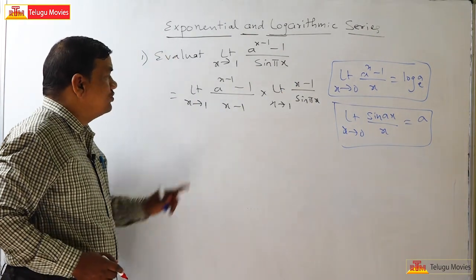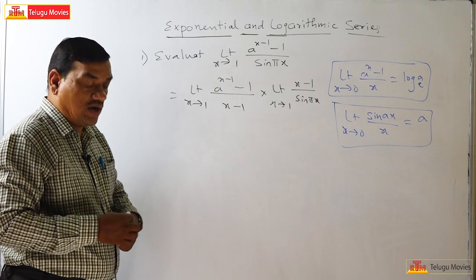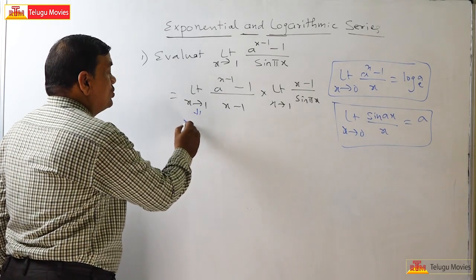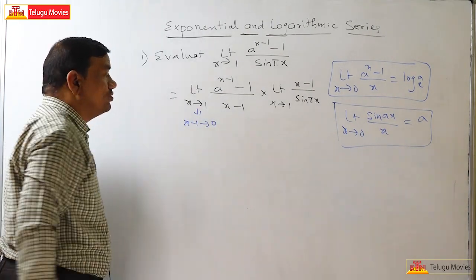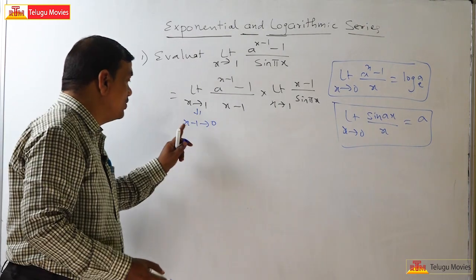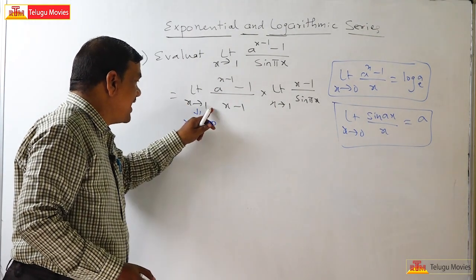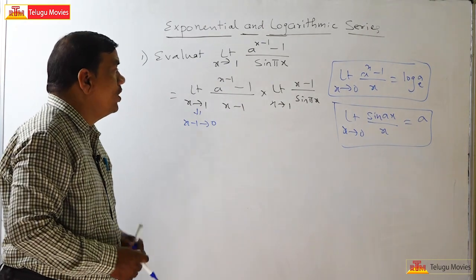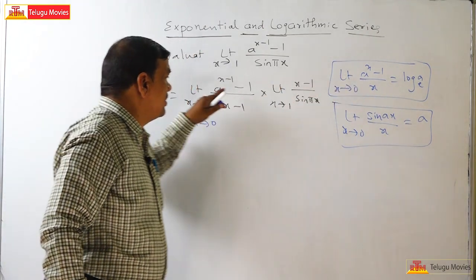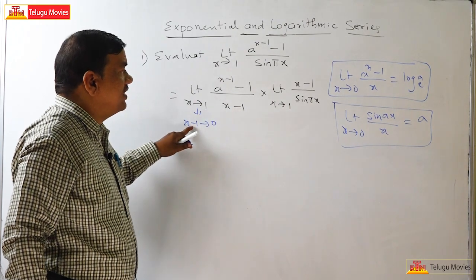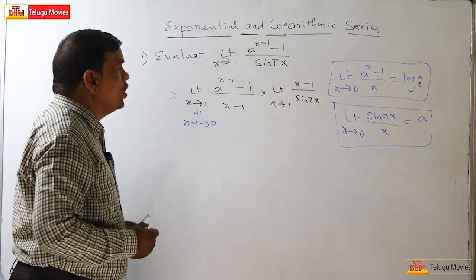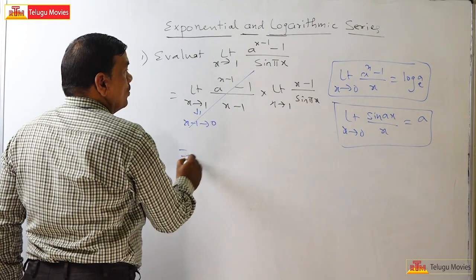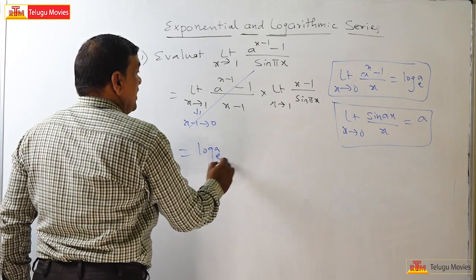Now up to here you see, as x approaches 1, x − 1 tends to 0. See here, this format, a power x − 1 by x − 1. So this total answer is equal to how much? Log a to the base e.